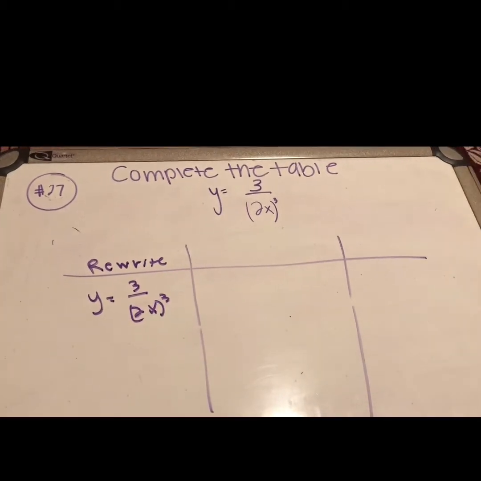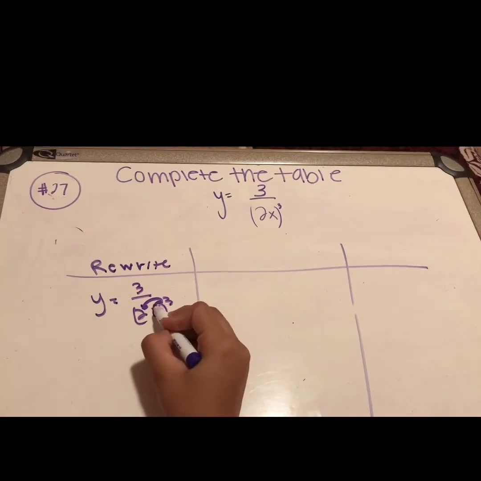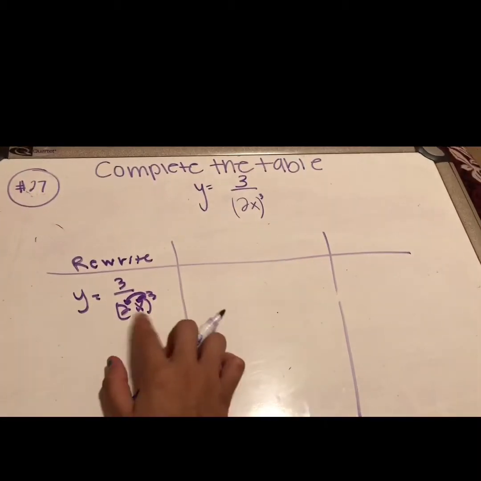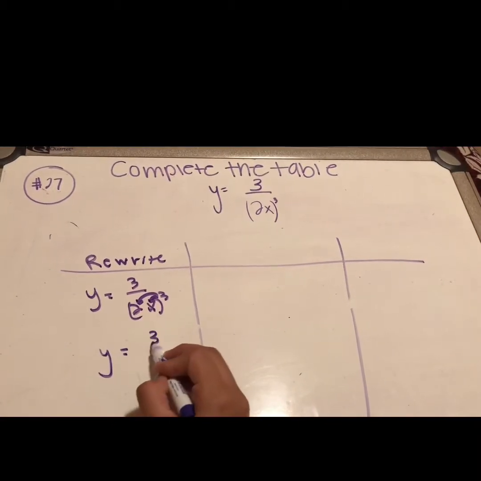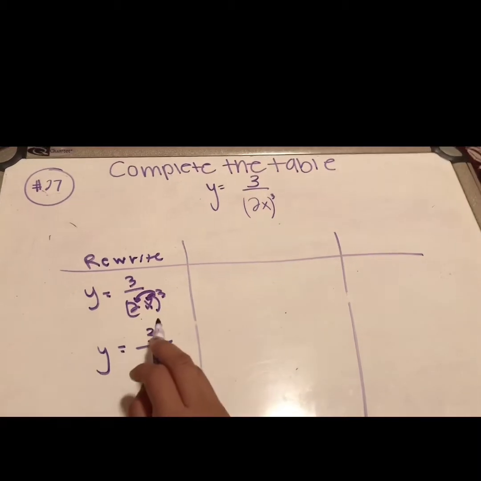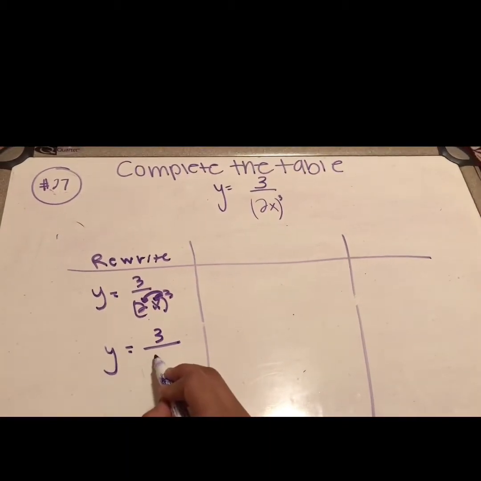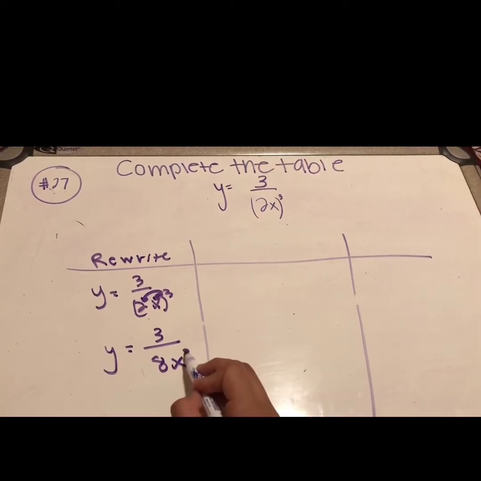And we have to distribute the exponent to both numbers right here. So we're going to do y equals 3 over, 2 cubed would be 2 times 2 is 4, and 4 times 2 is 8. So we'd have 8, and then we have x cubed.